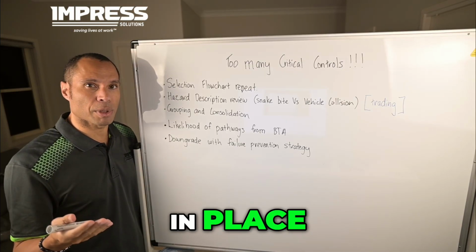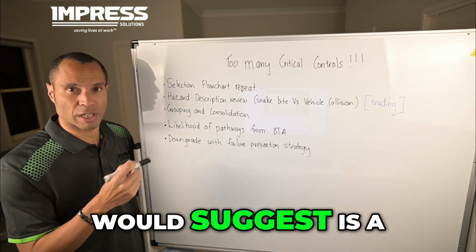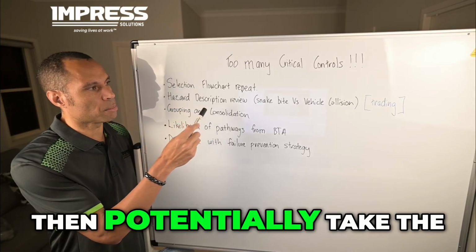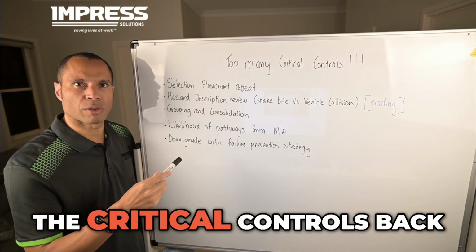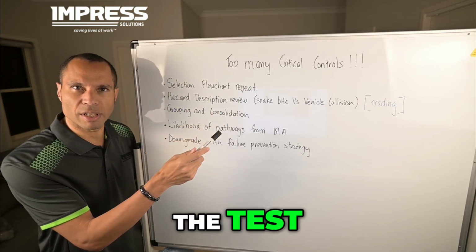If there isn't something in place, I mean, we've got an example of one, that I would suggest is a place to start. If there is something in place, then potentially take the critical controls back through that and just really challenge, do they all pass the test?